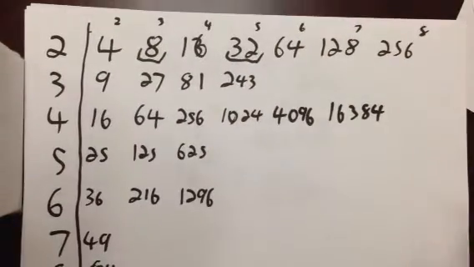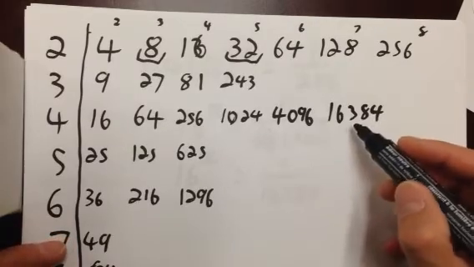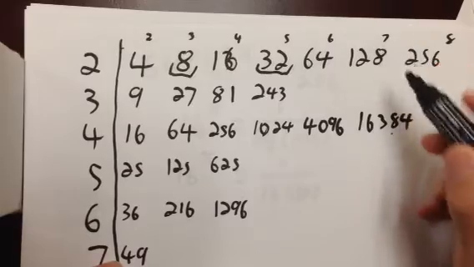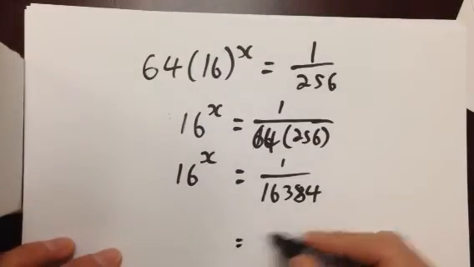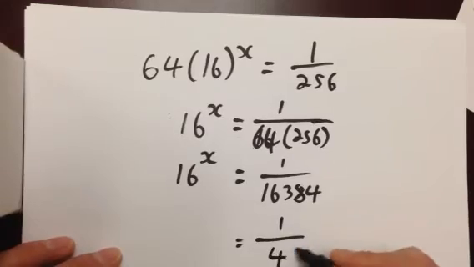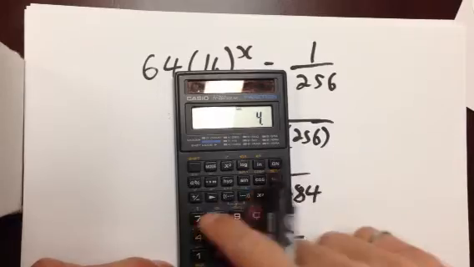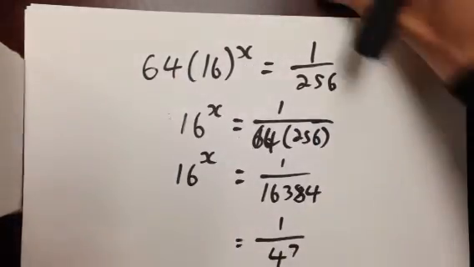So what this list tells me is I can write 16,384 as 4 to the exponent 7. So I can replace this with 4 to the 7. And you can verify that for yourself with your calculator. 4 to the exponent 7 is 16,384.